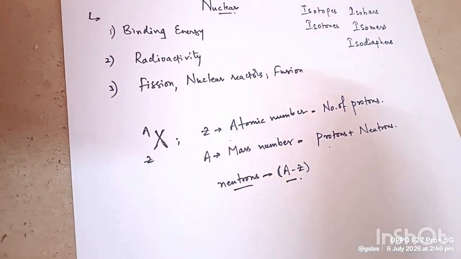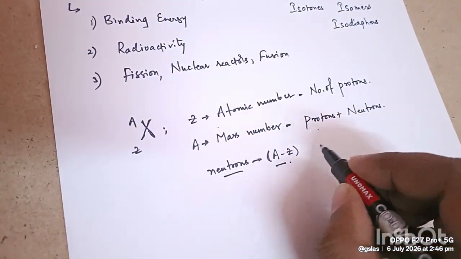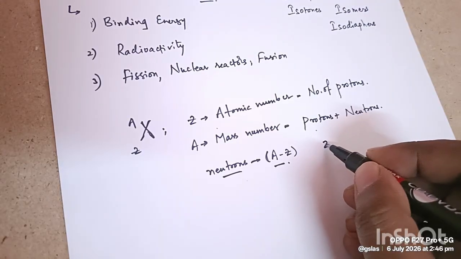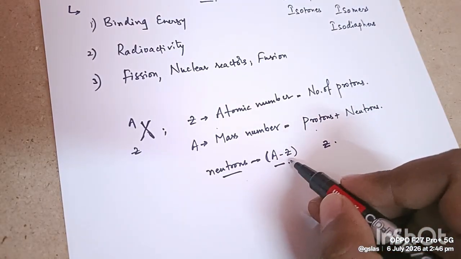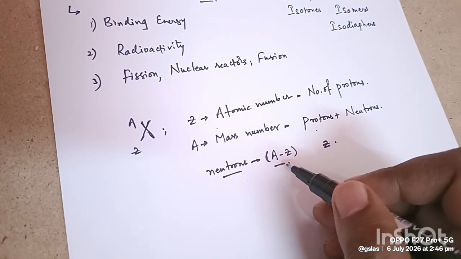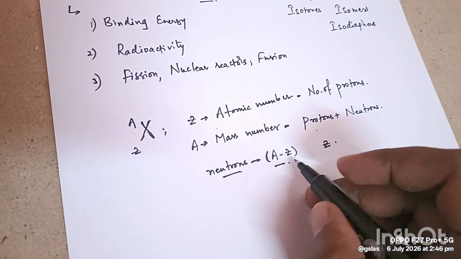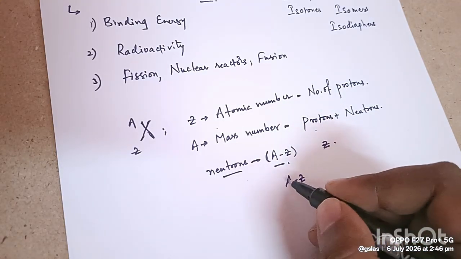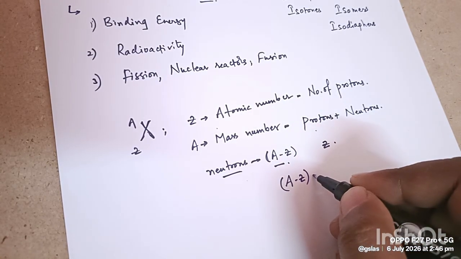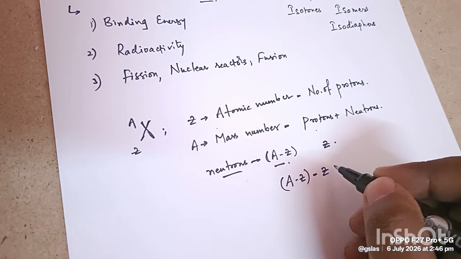Well, there is one more property. For example, Z is my number of protons and A minus Z is my number of neutrons. What is the excess number of neutrons that I have? So number of neutrons minus number of protons, right?